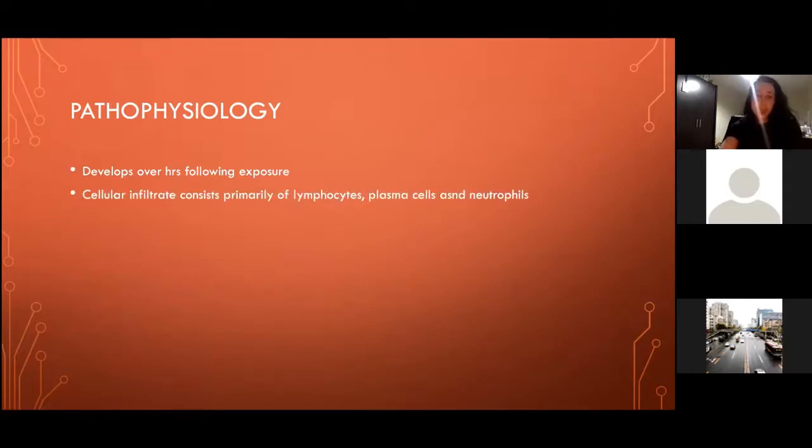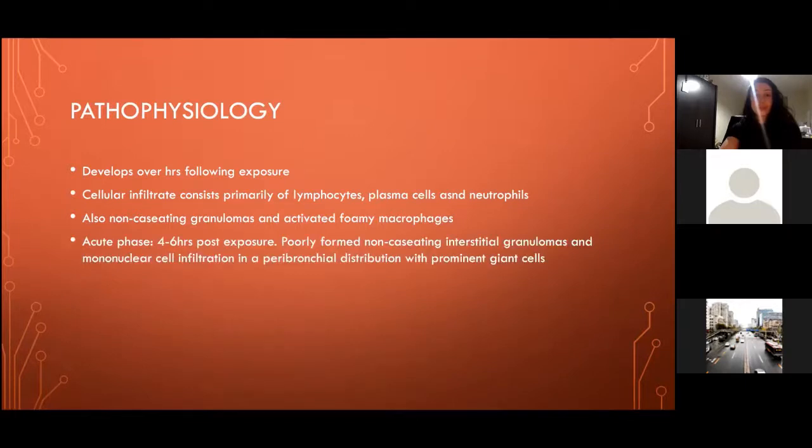So a bit about the pathophysiology. It develops over hours following exposure. There's a cellular infiltrate, which consists generally of lymphocytes, plasma cells and neutrophils. Also non-caseating granulomas, as well as some macrophages. So it can be split into different phases.